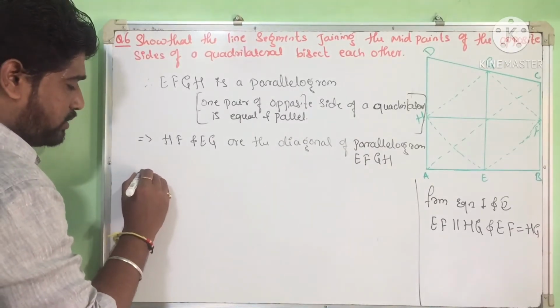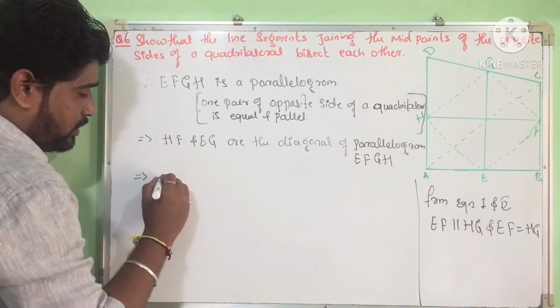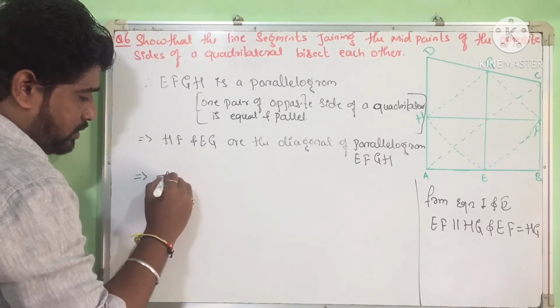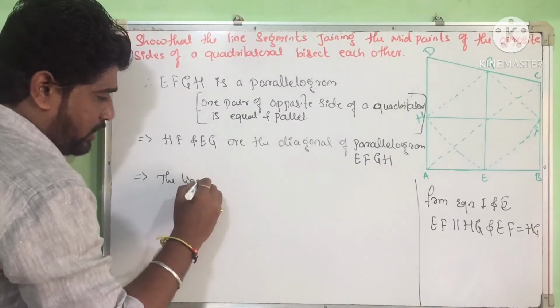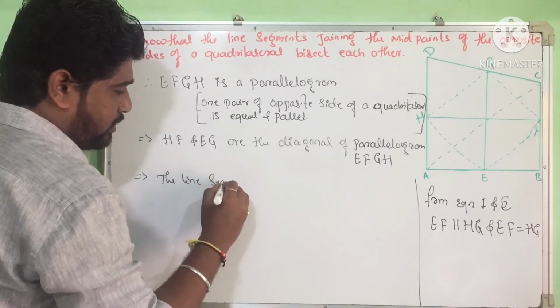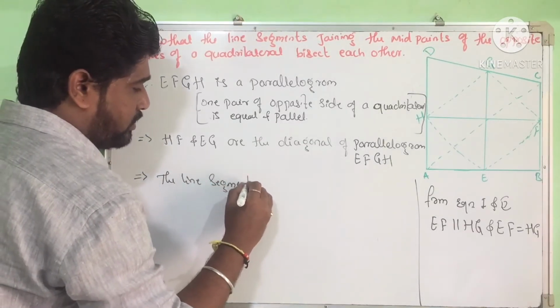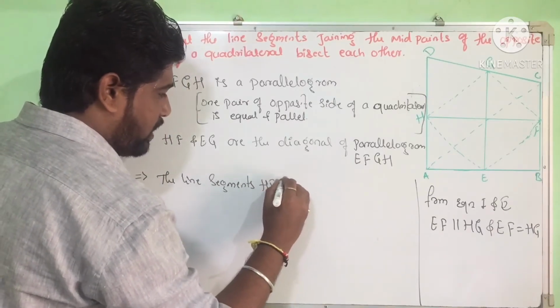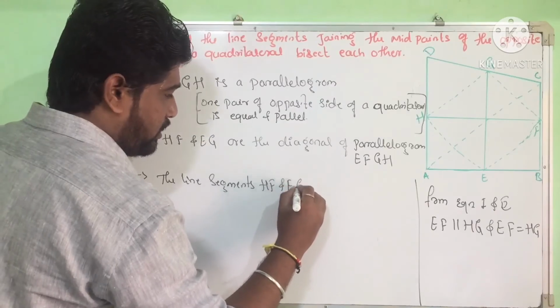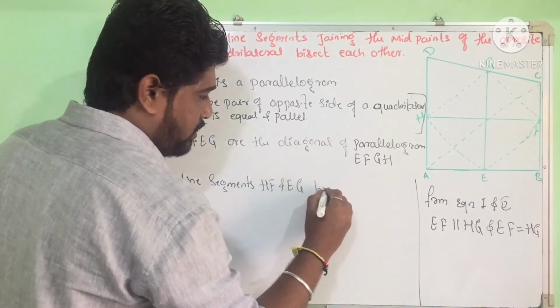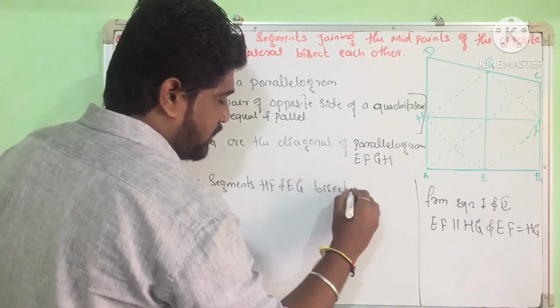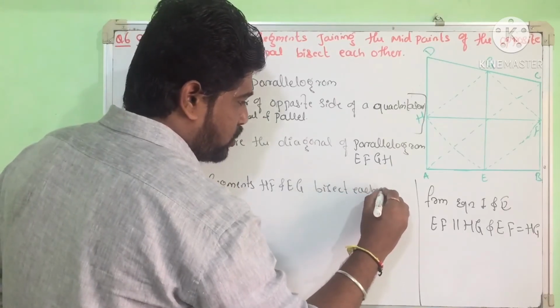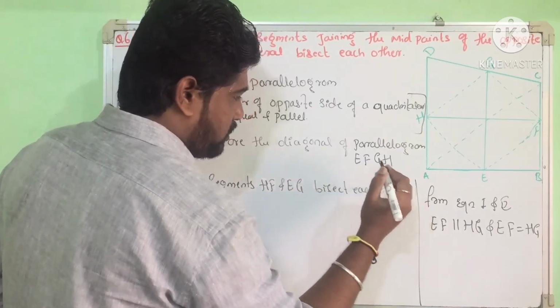So this implies the line segments HF and EG bisect each other.